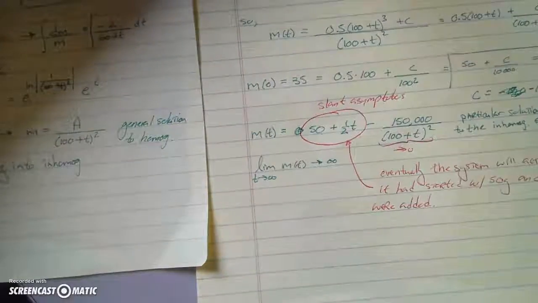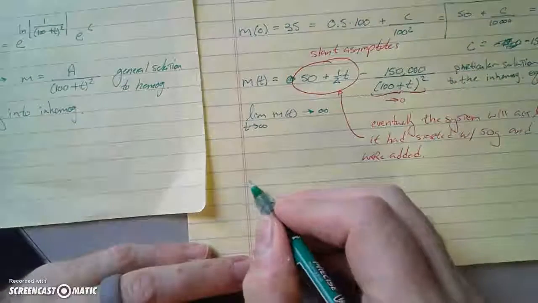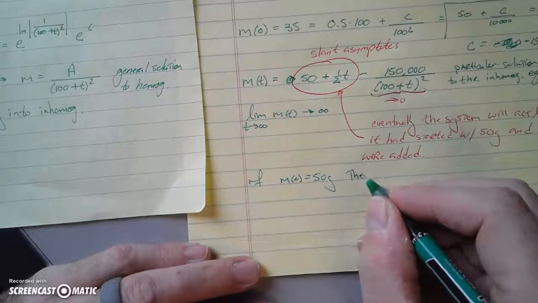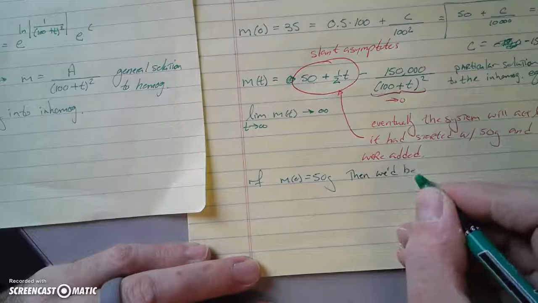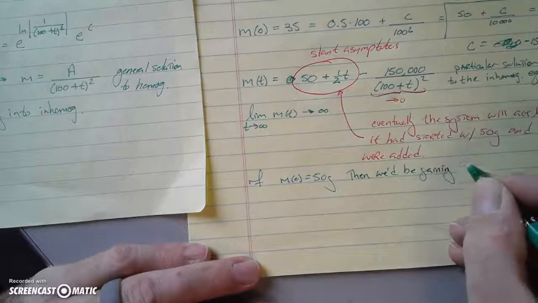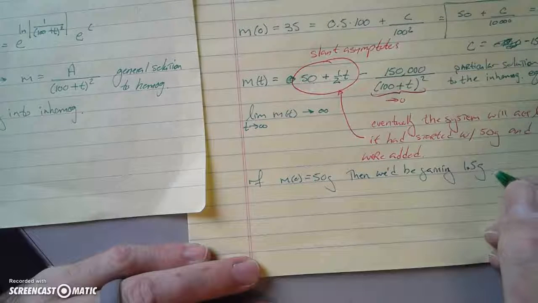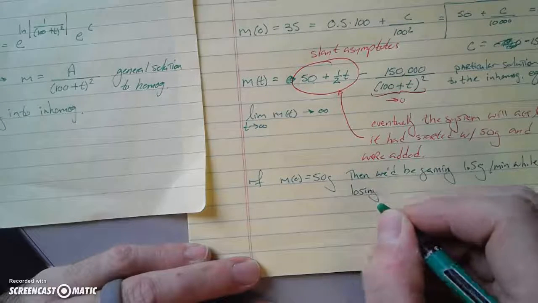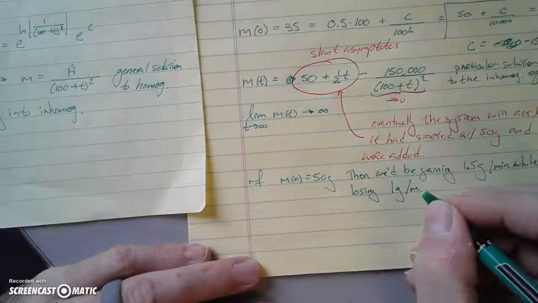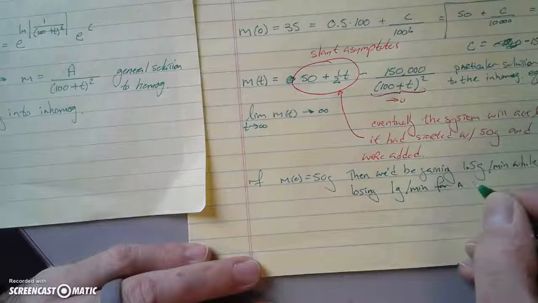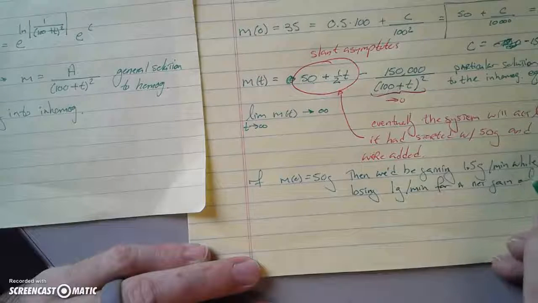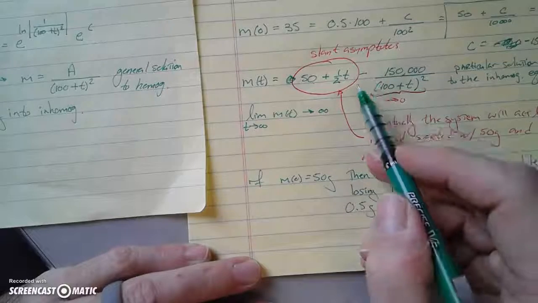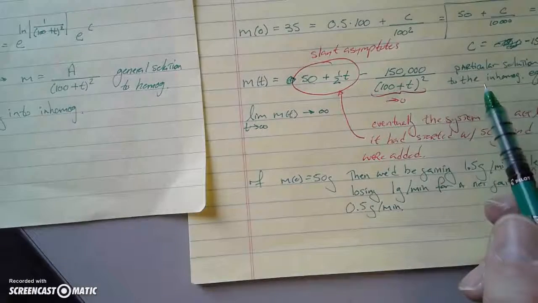Yeah. So if it were 50 grams, then we'd be gaining 1.5 grams per minute while losing 1 gram per minute for a net gain of a half a gram per minute, which is the slope of this slant asymptote.